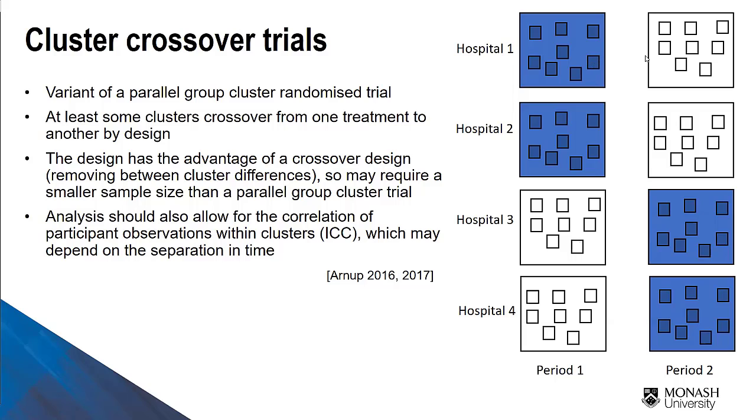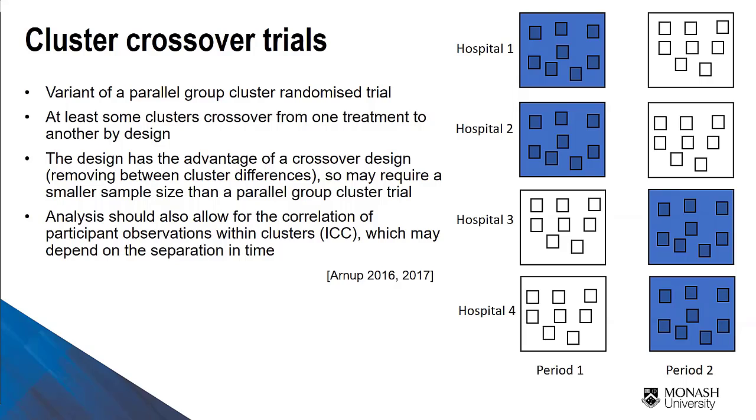So basically, it looks exactly like a crossover trial, except that we're randomizing clusters to sequences of treatments. The design brings about the advantage of a crossover design, so we can remove between cluster differences, and it means that we may require a smaller sample size than a parallel group trial.